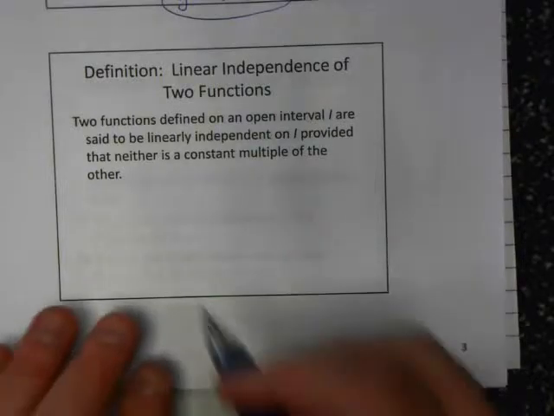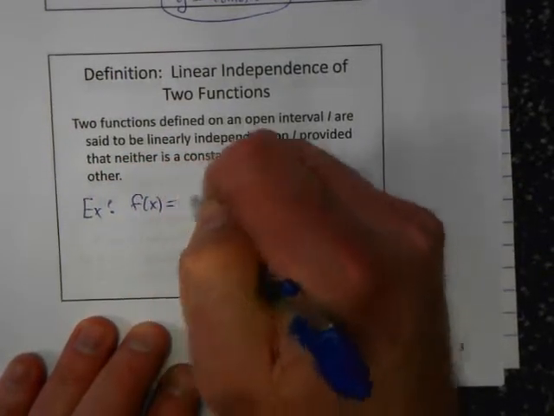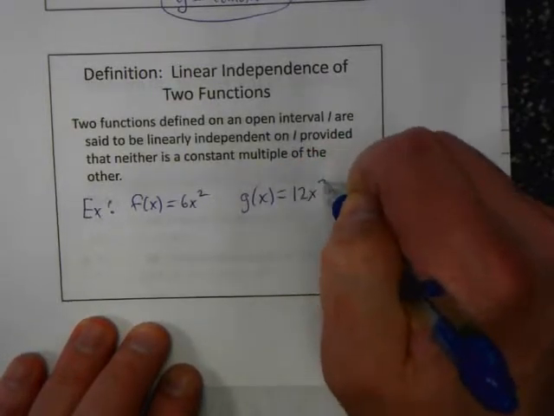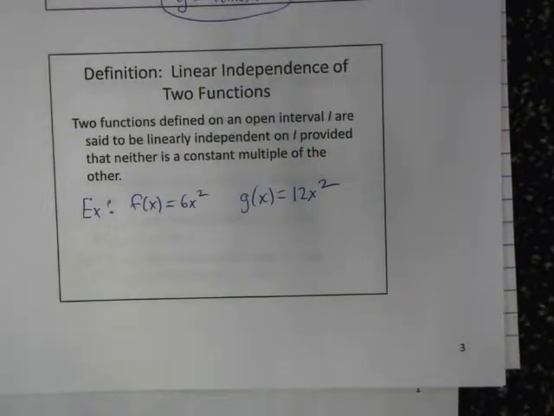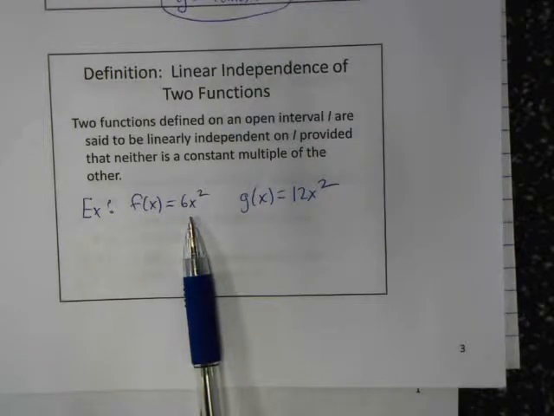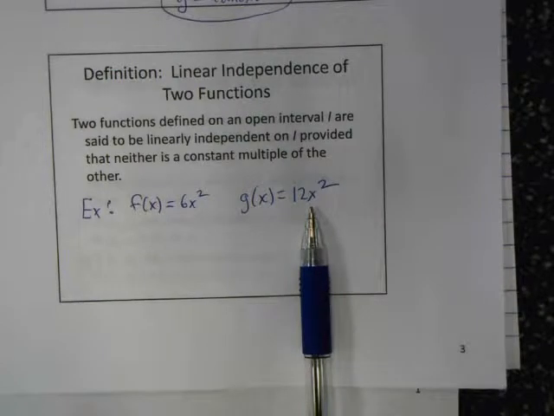So let me give you some examples. f of x equals 6x squared, g of x equals 12x squared. Are those linearly independent? No, those are linearly dependent. These are not linearly independent, because I can take the first one, multiply it by a number, and get the second one.